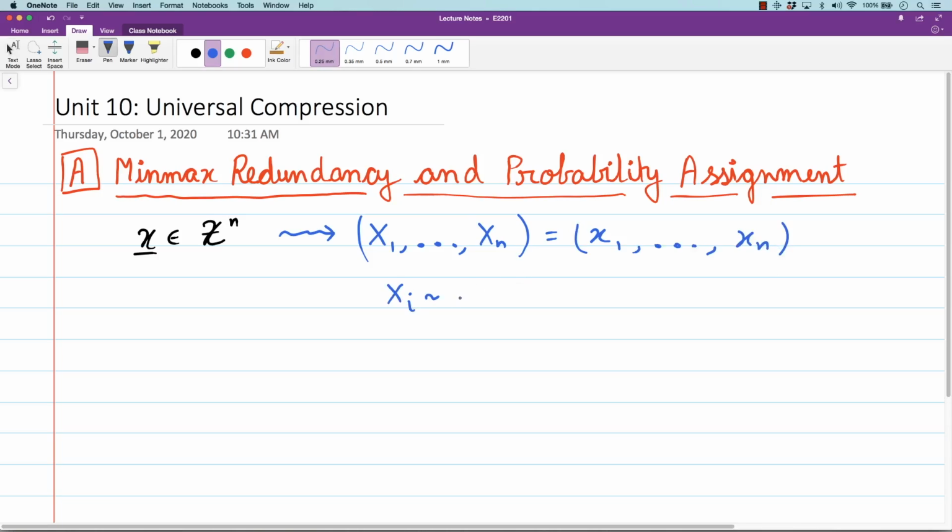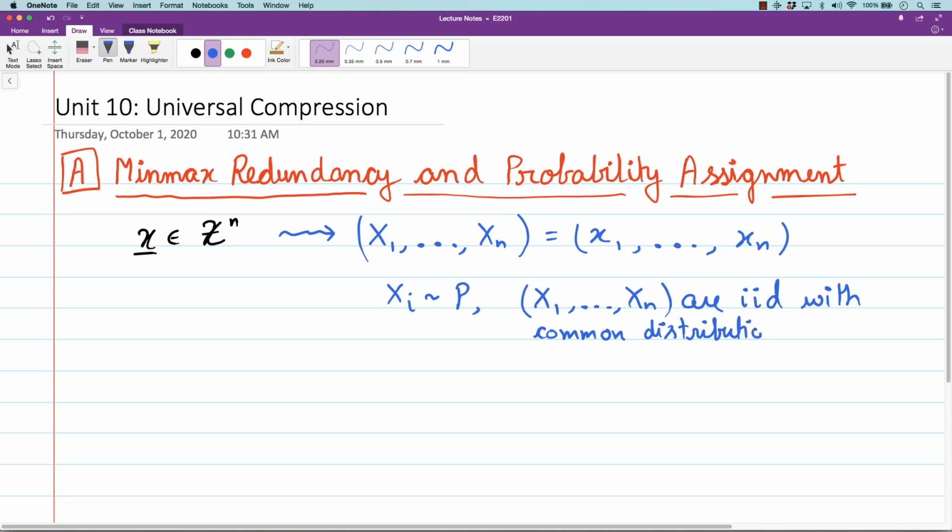The Xi are distributed according to P, and what we have been saying is X1 to Xn are independent and identically distributed with common distribution P. But of course, there may or may not be any P.